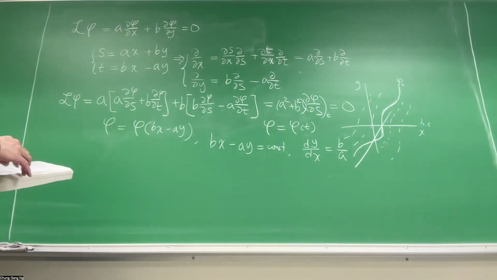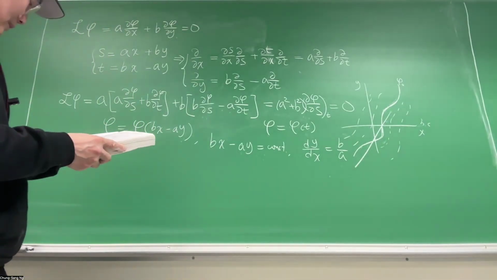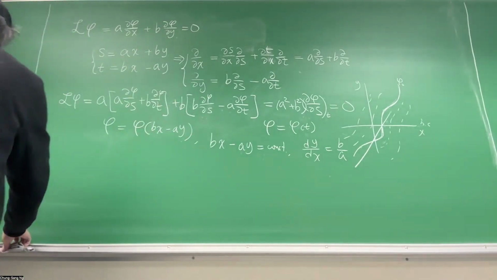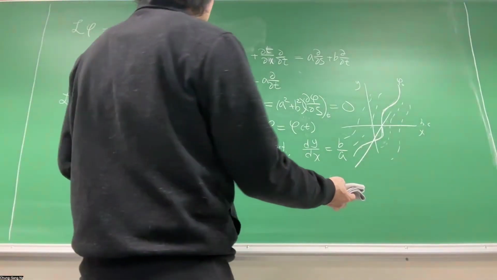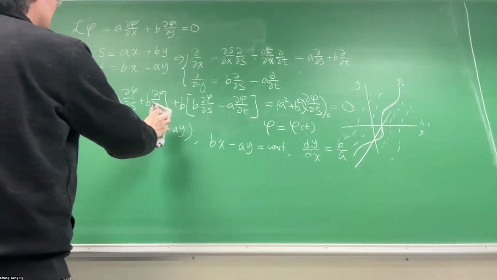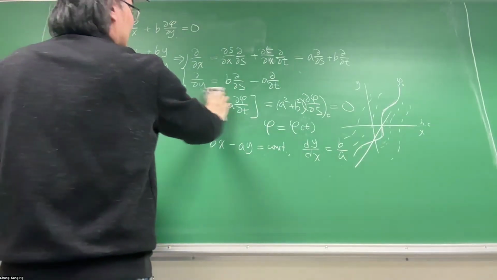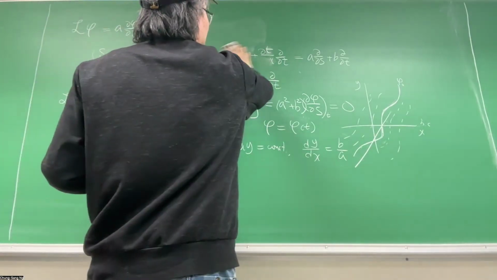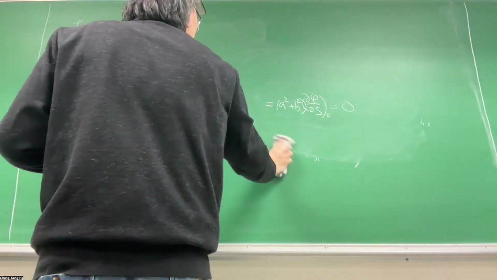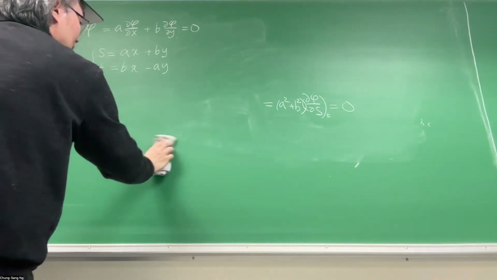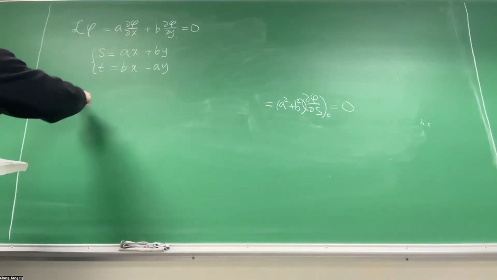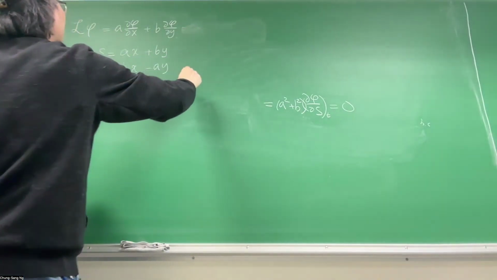The next part is to generalize this differential operator to a slightly more general situation. We'll just keep all this definition, and this partial operator operates on psi, L psi.